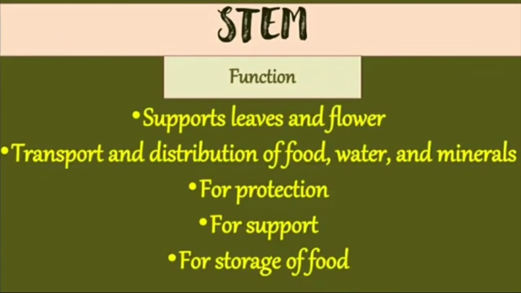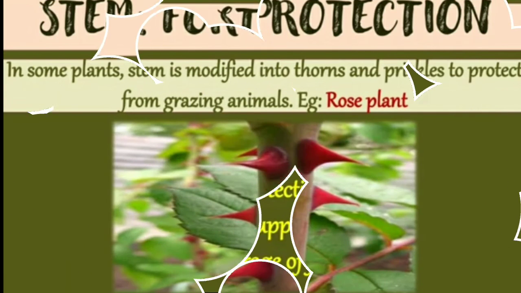So what are the functions of the stem, children? It supports leaves and flowers. Second, it transports and distributes food, water and minerals. It also serves for protection, for support and for storage of food. Now, stem for protection.